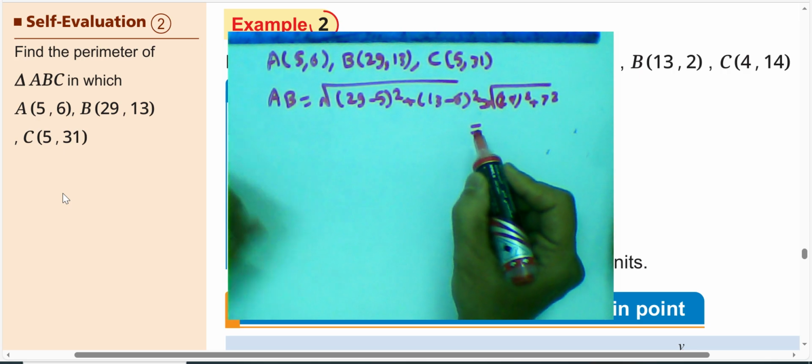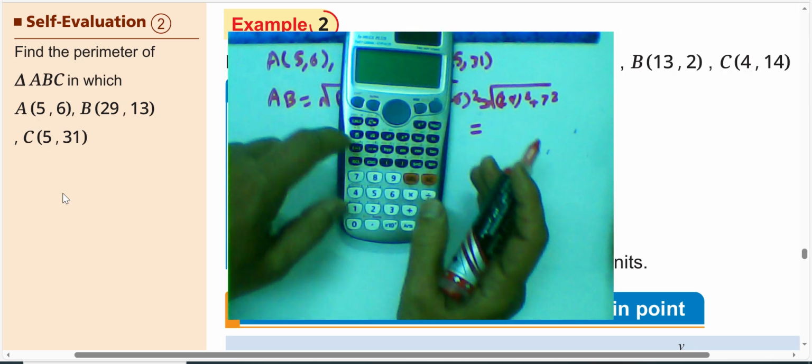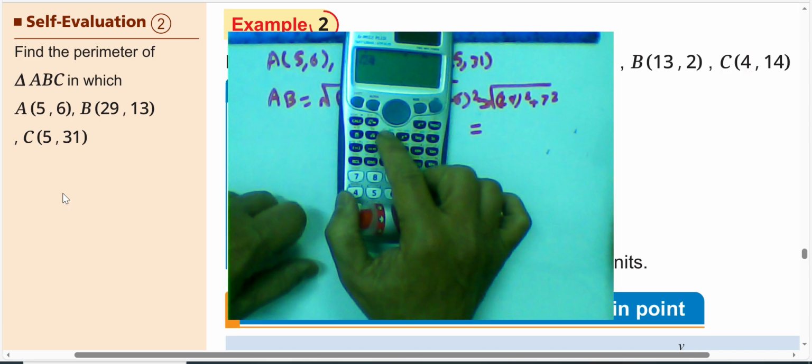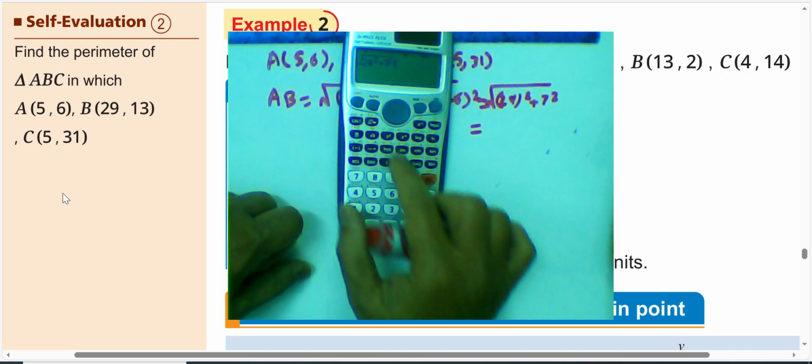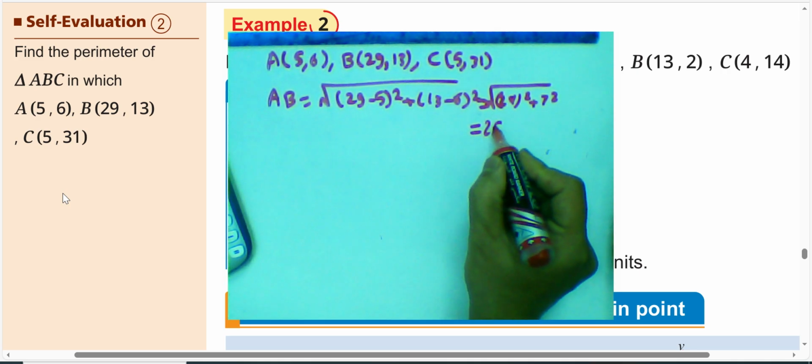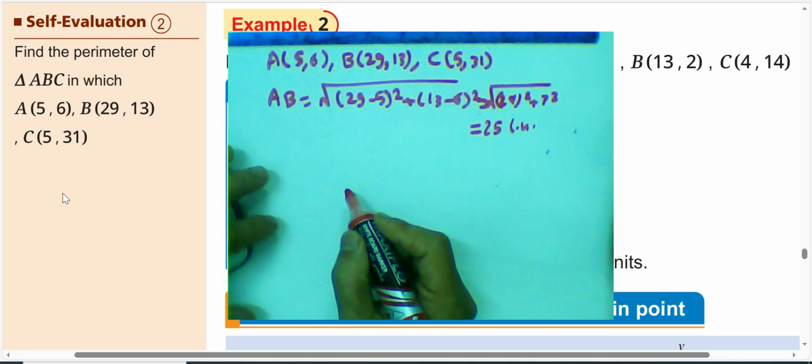Then we can find the answer using a calculator: the square root of 24 power 2 plus 7 power 2, and the result will be 25. Then AB equals 25 length units.